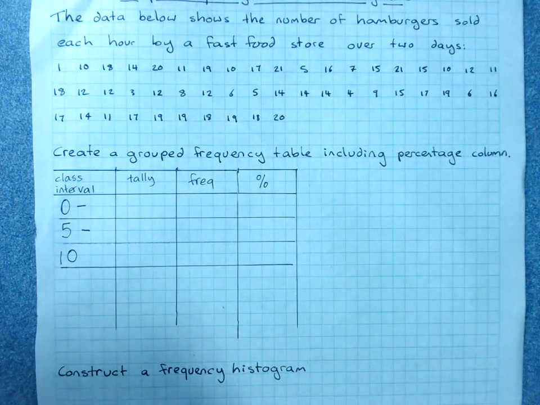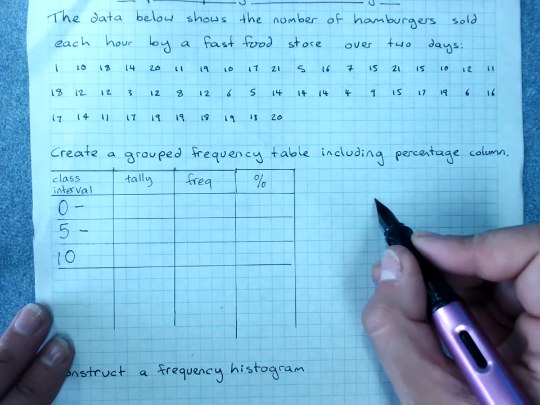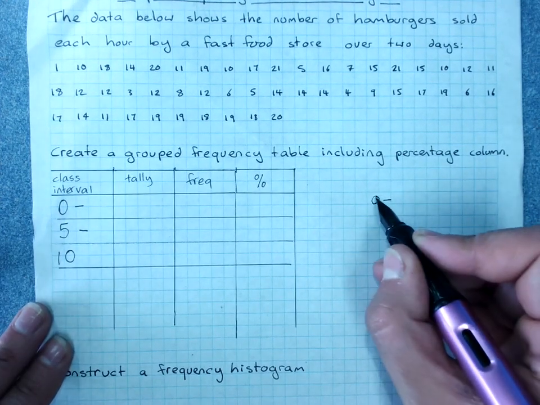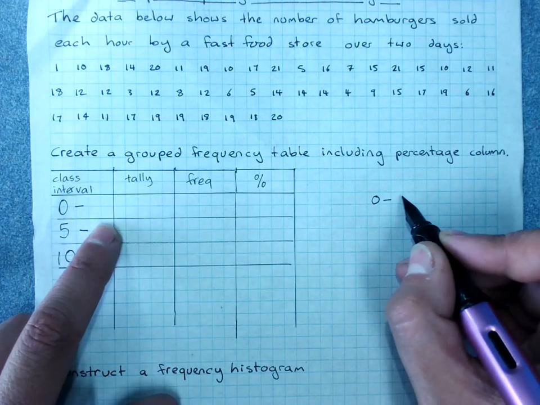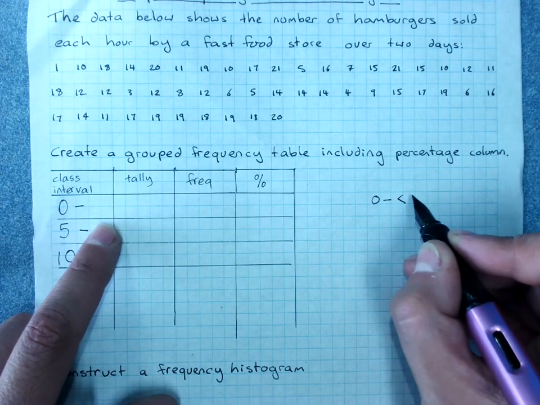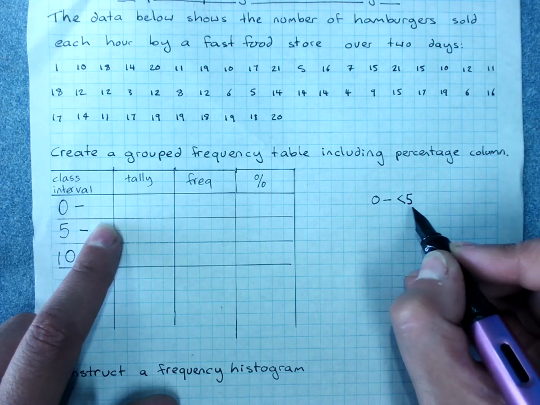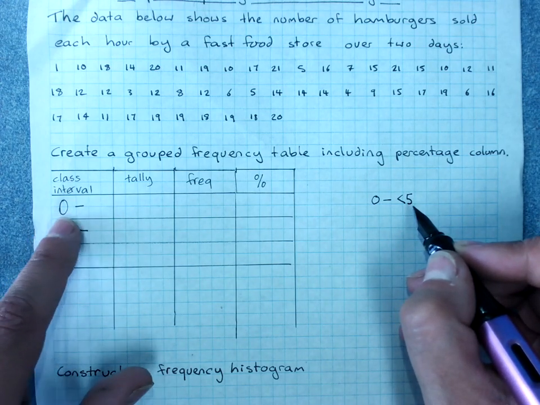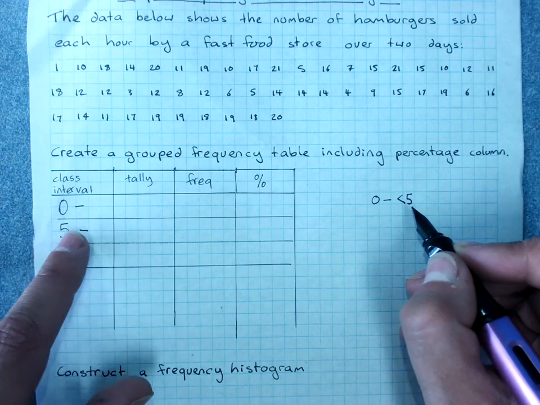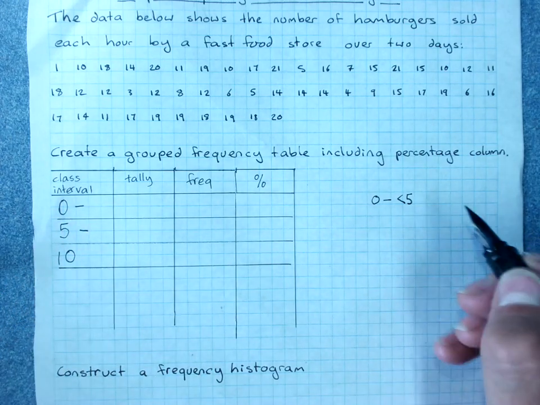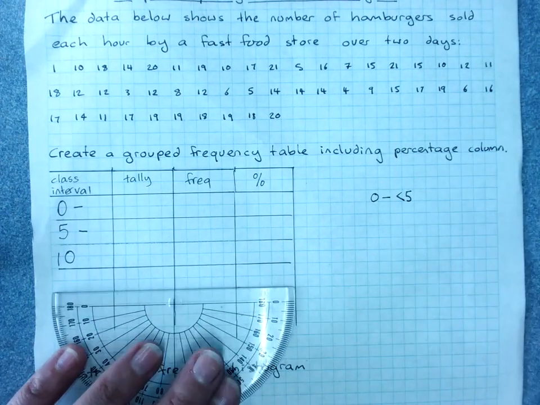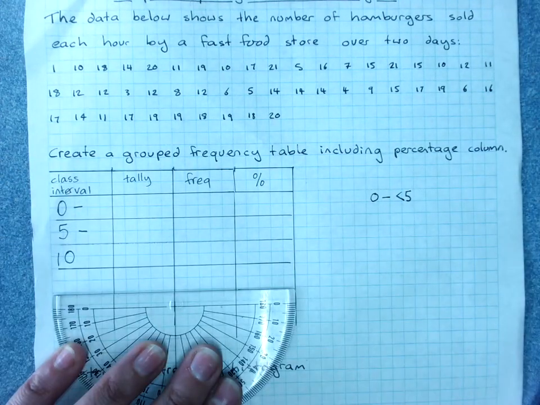Now what that does, sorry, I've moved to a ridiculously tiny pen for some reason, 0 up to, and then starting the next one at 5 is saying that it's 0 up to less than 5. And it's quite acceptable to put 0 up to less than 5, 5 up to less than 10, but it's understood if you just leave a gap, and it means you don't have to stop and think about your notation. I hope I left enough space here.